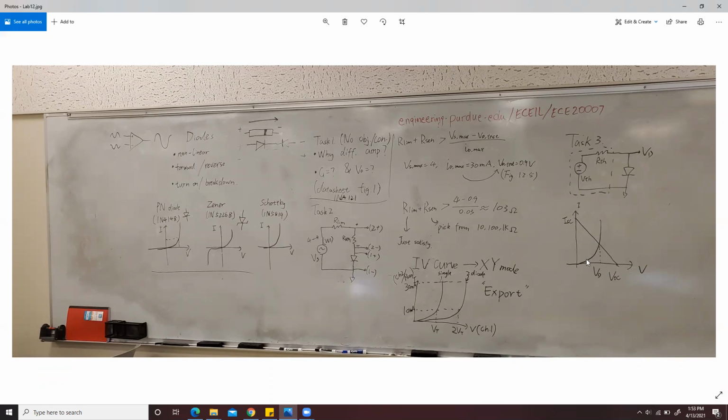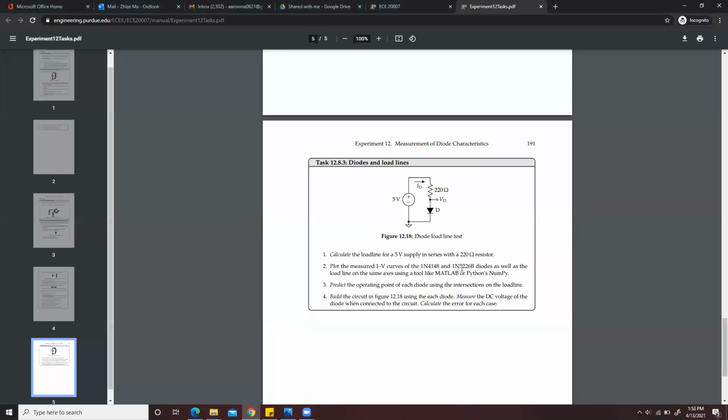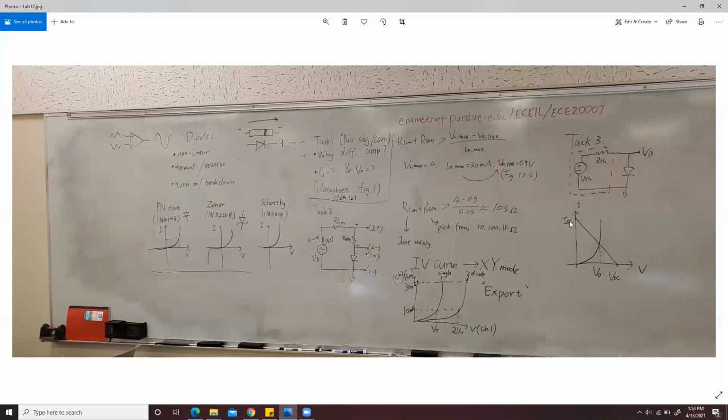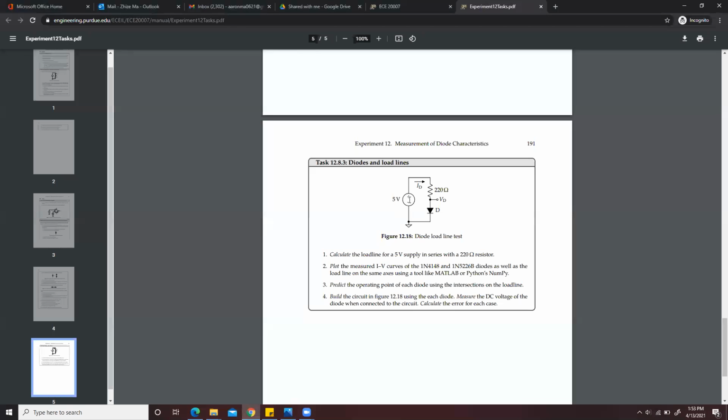Then you plot the IV curves for these two diodes in one plot like this. The intersect point is the VD you will get from this circuit. Remember, here the voltage source is DC, simply 5 volts.